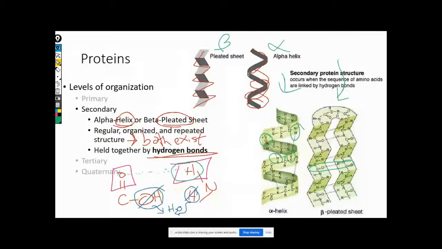So no. We'll get there. Her question is, are they only going to be attracted to each other at the secondary level? We're actually going to see them raise their little fingers up in later levels as well. This is the first time that we're going to see them pop up, so they're not important at the primary level. And they're the only thing that's happening at the secondary level.